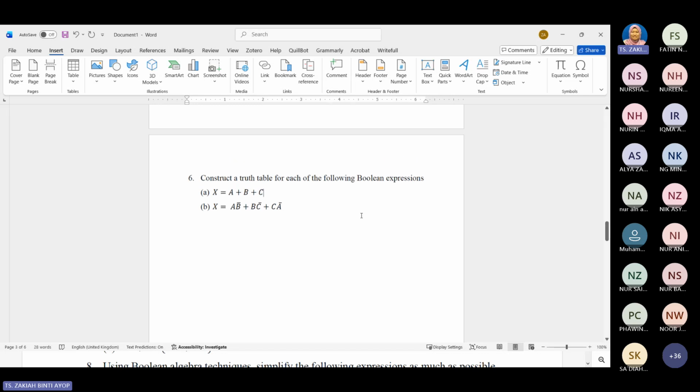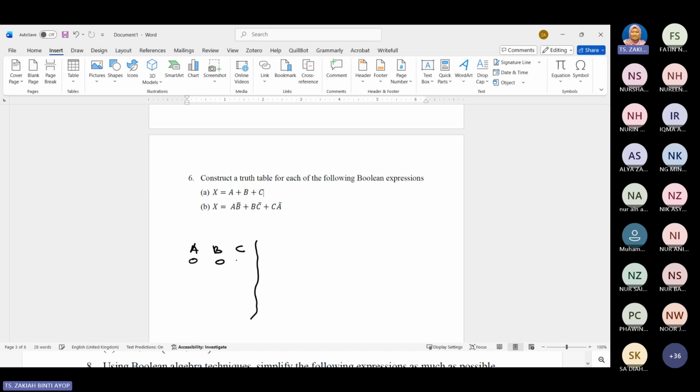Now this is the question: construct a truth table for each of the following Boolean expressions. So for each of the inputs, how many inputs do we have? Then you write the inputs A, B, C. Regardless if it's B bar, C bar, A bar, you just know what's the normal input. Now we have the 3 inputs, and then write the combination.